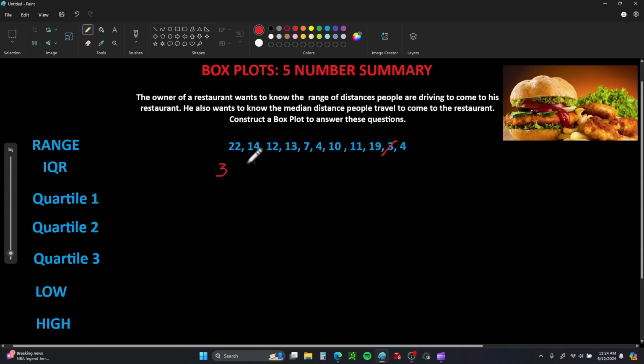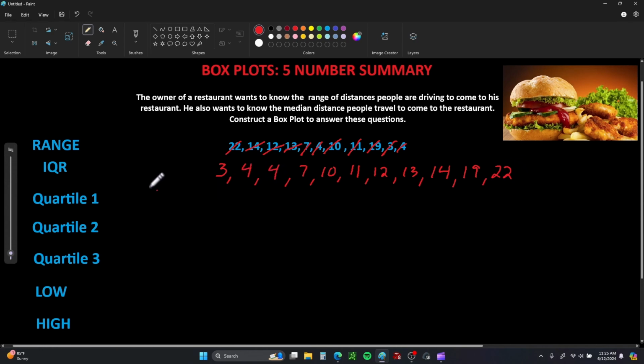Just cross them off as you pull them down. So here the numbers are in order from smallest to biggest.